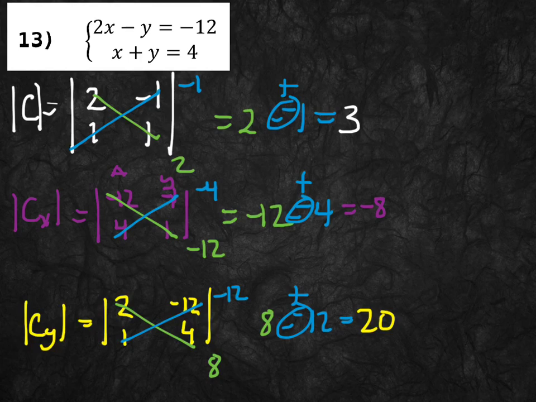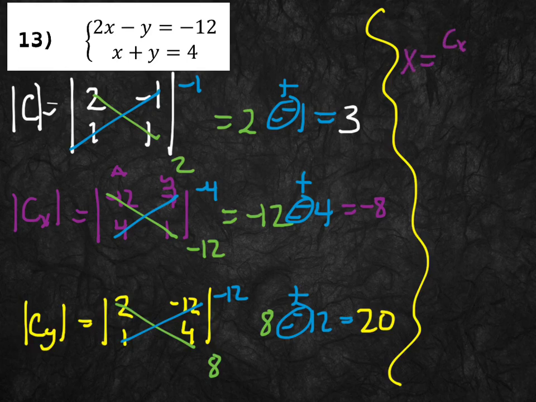So now we're going to find our answers. To find your x's, you're going to do your coefficients with x replaced divided by your coefficient matrix. And so in this case, that's going to be a negative 8 over 3. And that's as reduced as it gets.